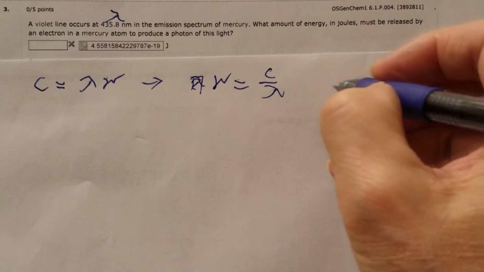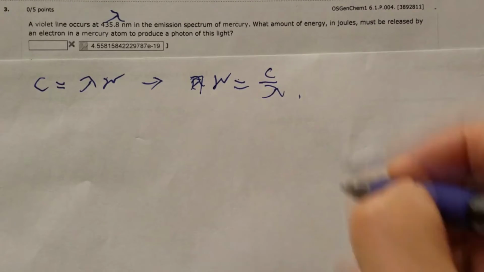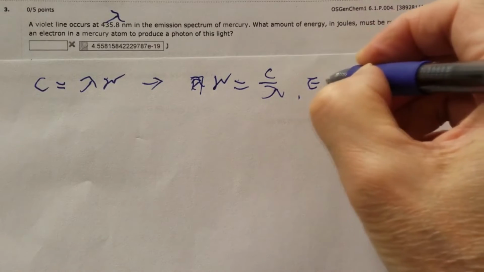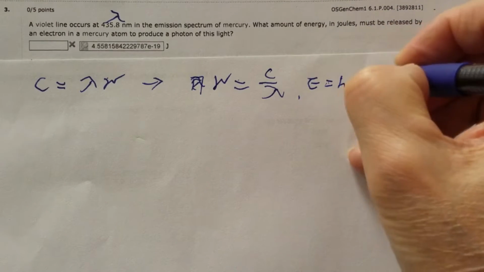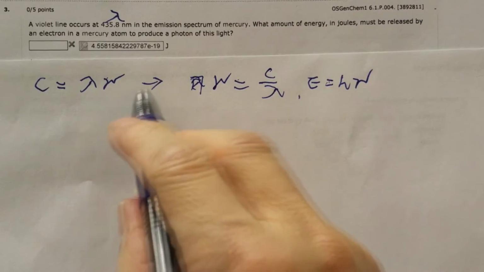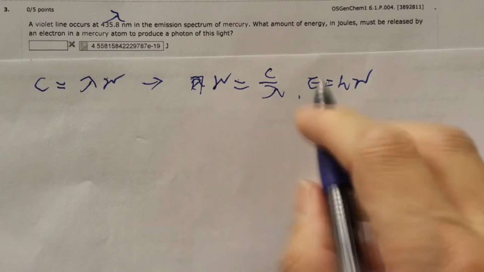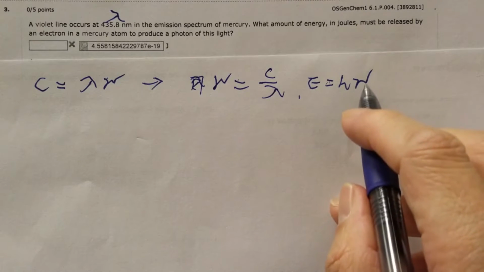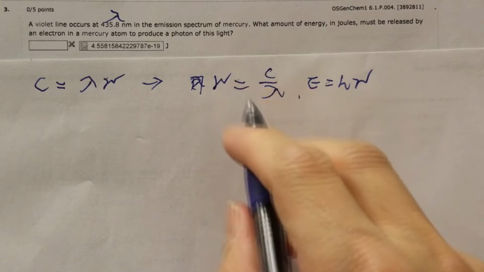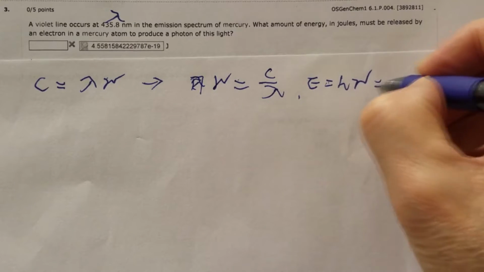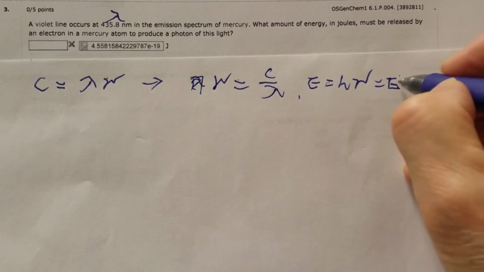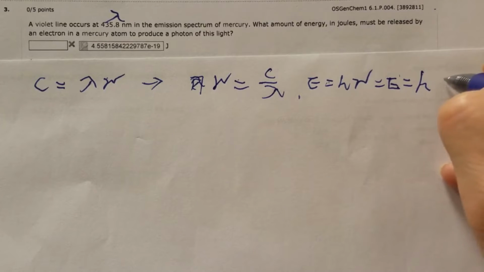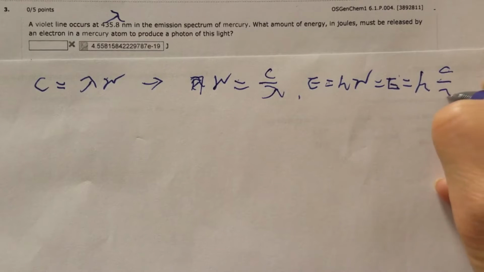Now the particle nature: E equals h nu, and nu equals c over lambda. Therefore, we can rewrite this as E equals h c over lambda.